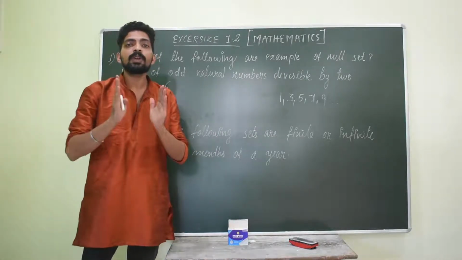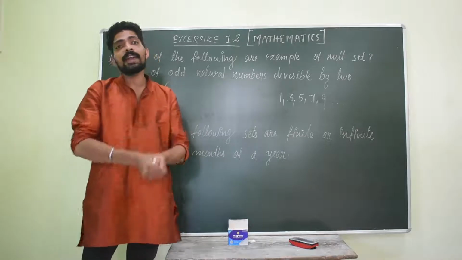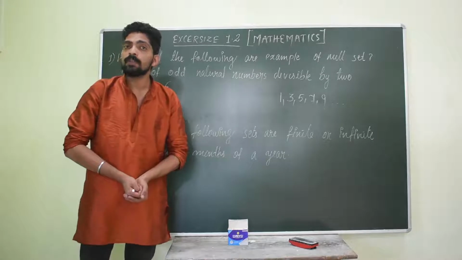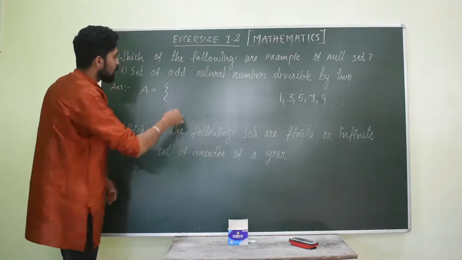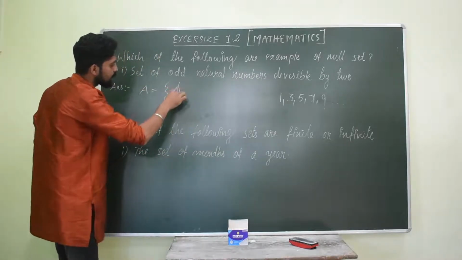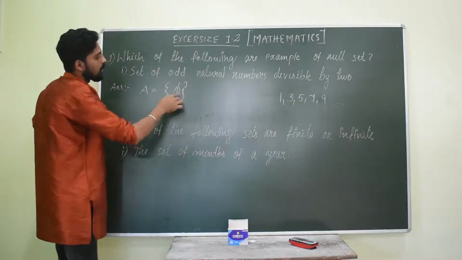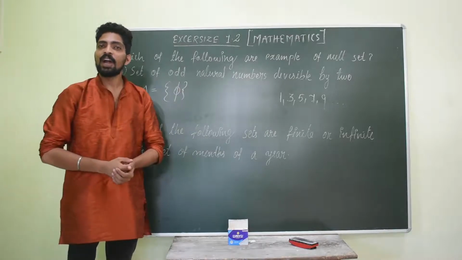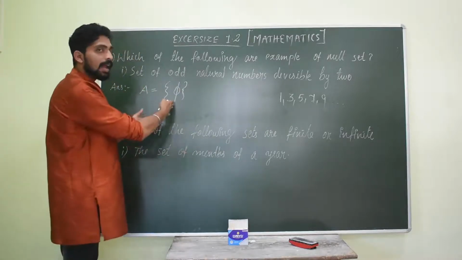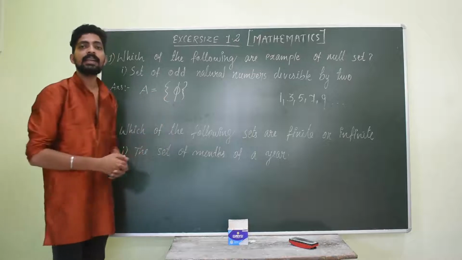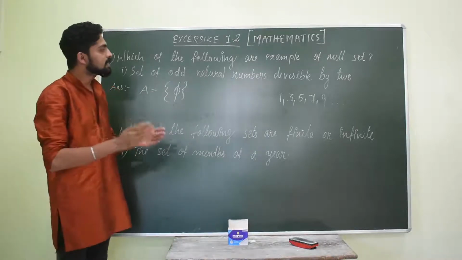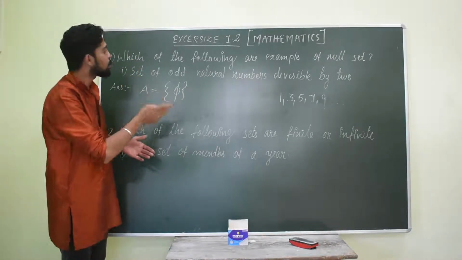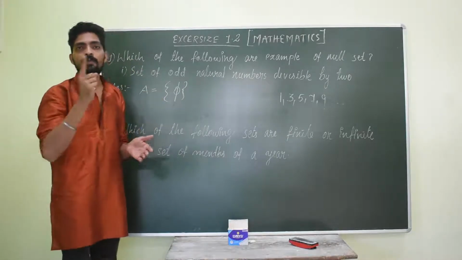Only the even natural numbers can be divisible by 2. So we can say this set is an empty set, otherwise called a null set. Do you understand? The empty set symbol we can write directly inside the braces. This is the answer for exercise 1.2, first question, first one.